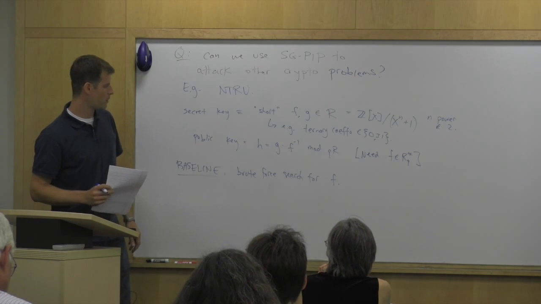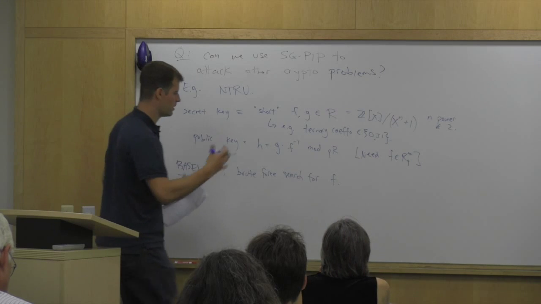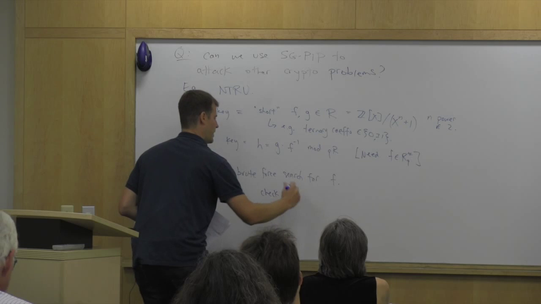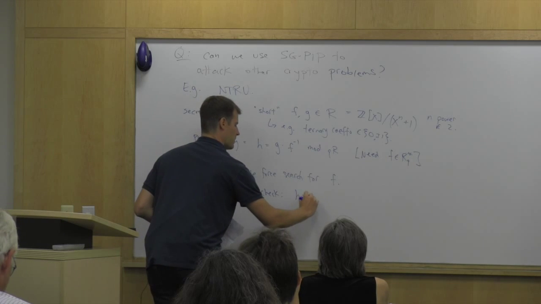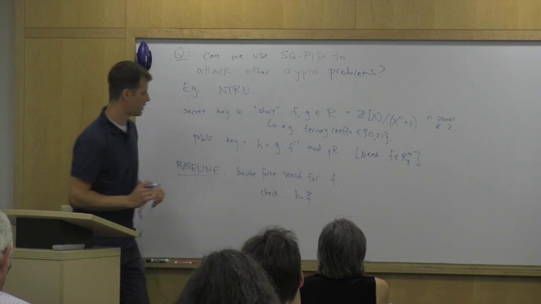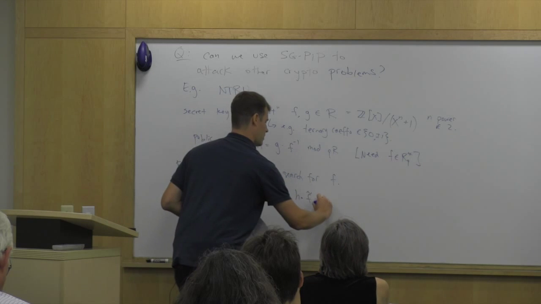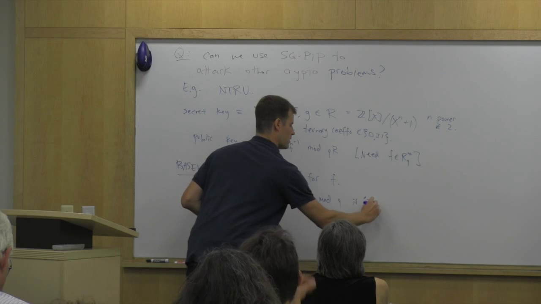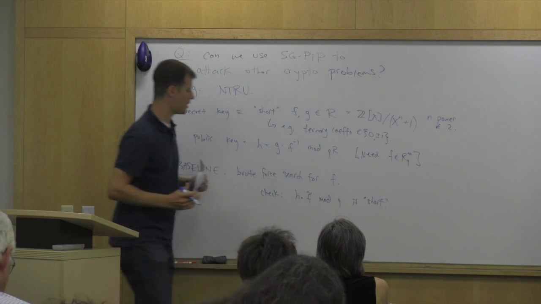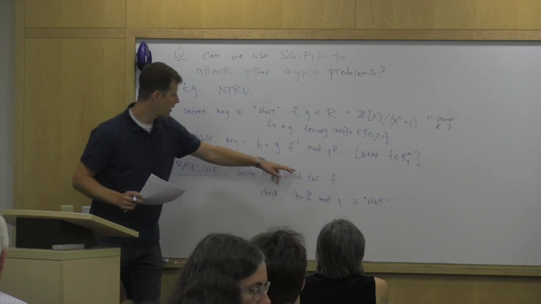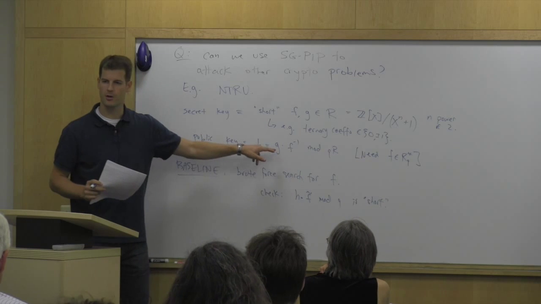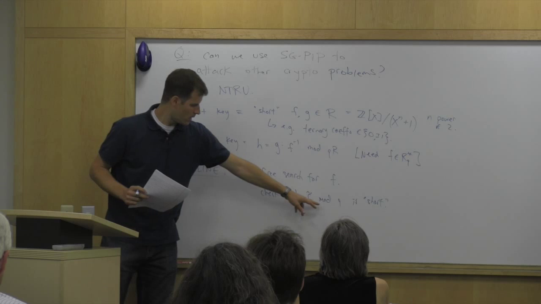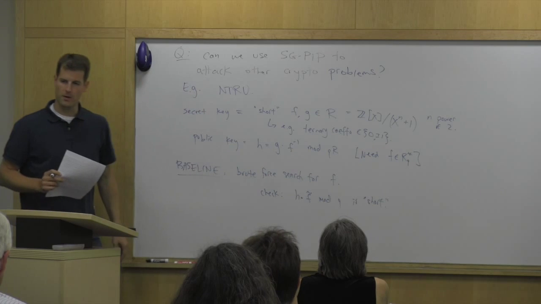For each one of them, you check that h times your candidate f tilde mod q is short. When you find the proper f, notice that h times f equals g, and g itself is short. And so when you've got the correct f, you get back the correct g.